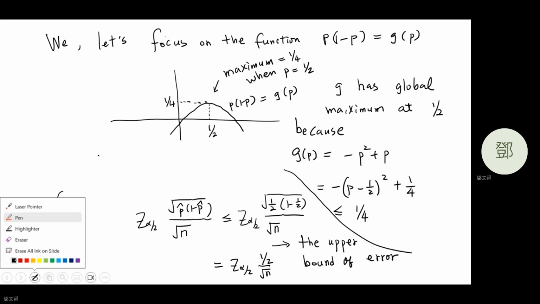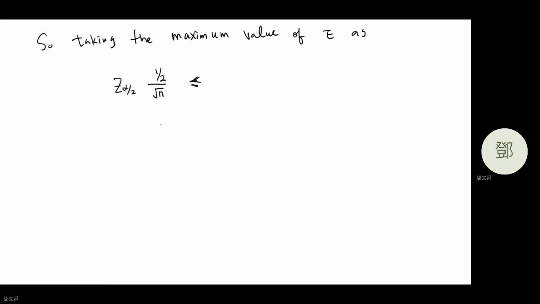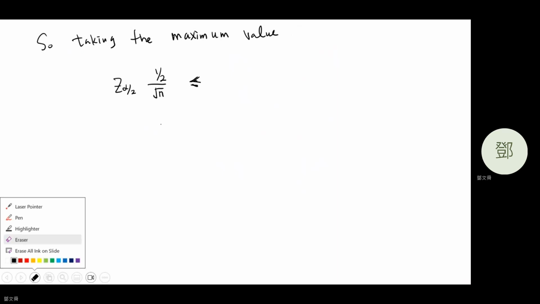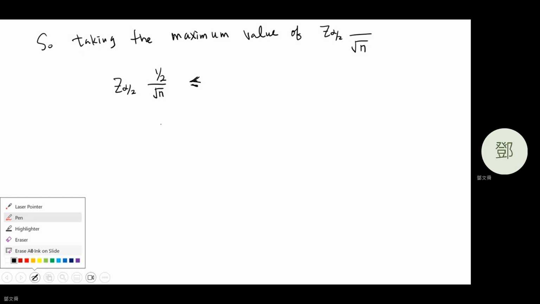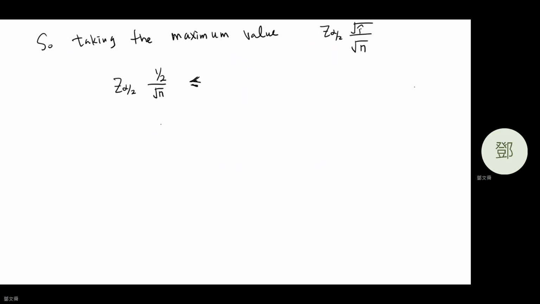So taking the maximum value of Z sub alpha and P, 1 minus P hat, to be this one, the maximum.